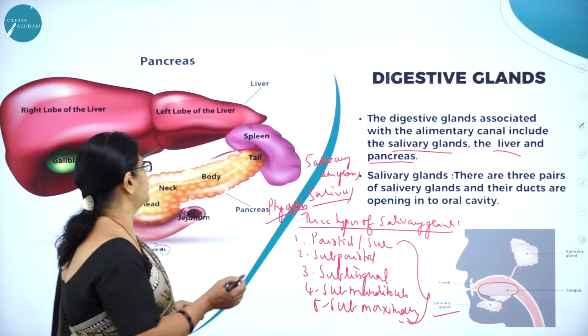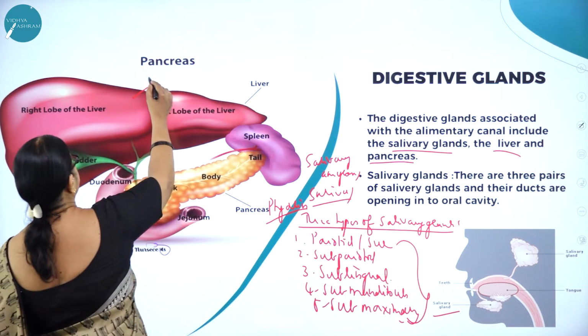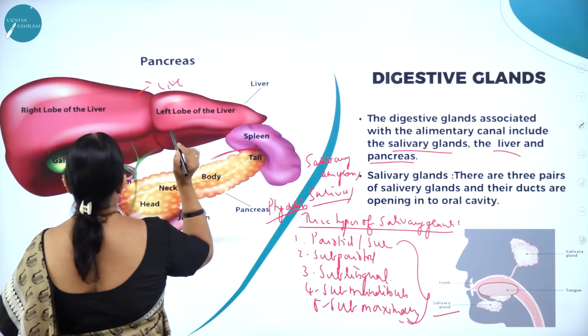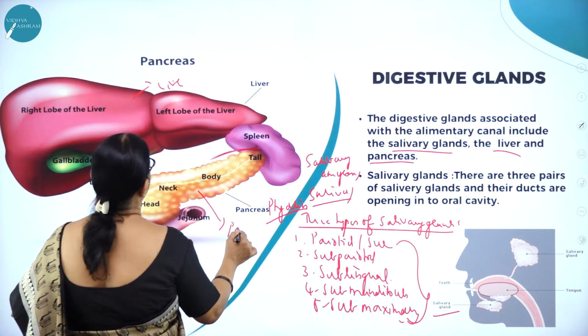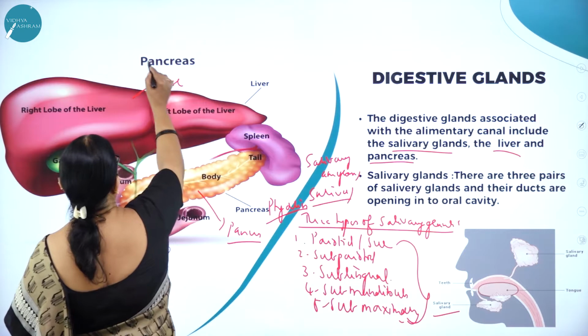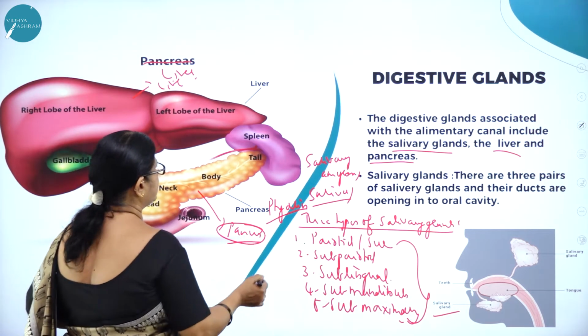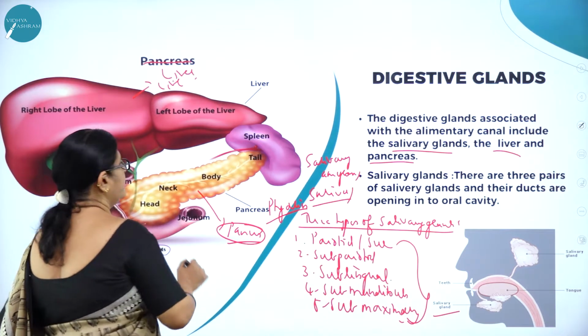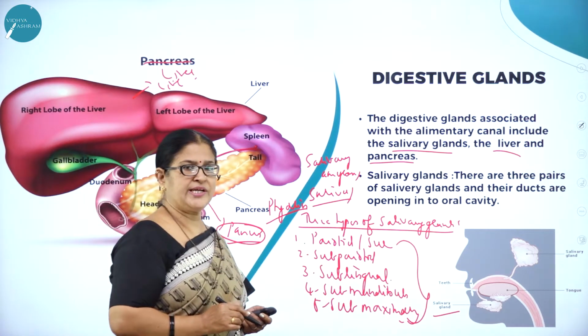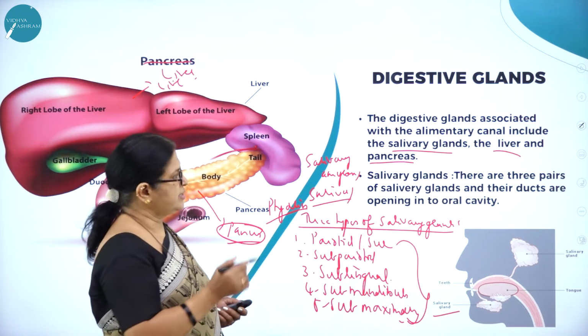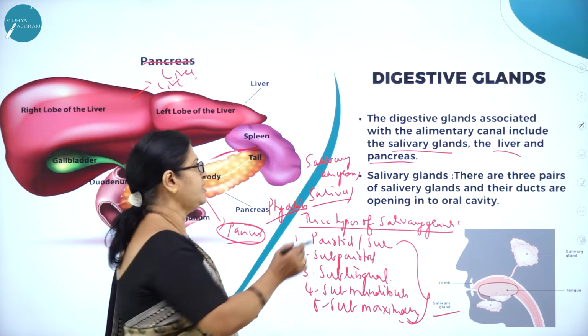Now, digestive glands. Here you can see the liver, and this is the pancreas. Here you can see the spleen. The digestive glands associated with the alimentary canal include the salivary glands, the liver, and the pancreas.